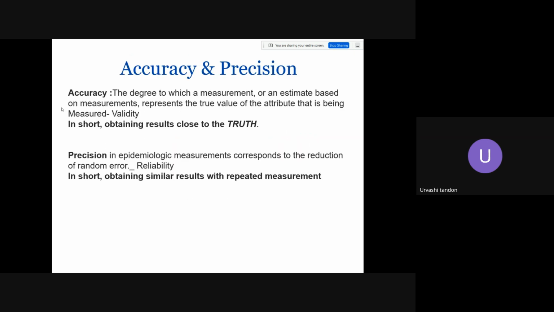Yeah, this is important: accuracy and precision. Accuracy is the degree to which an estimate based on measurements represents the true value of an attribute. Let's say you want to measure customer satisfaction.